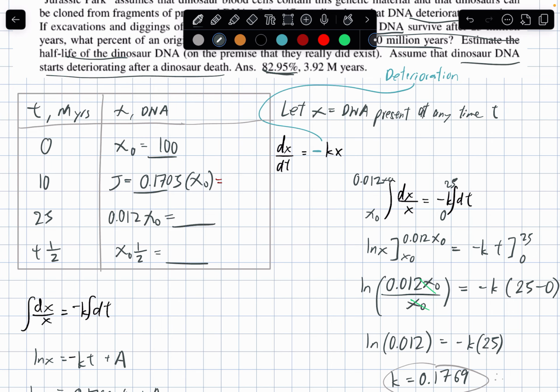On the basis of 100, this is 17.05. This is 1.2. Coming from 100, half of 100 is 50. Okay, I think that is a safe assumption.